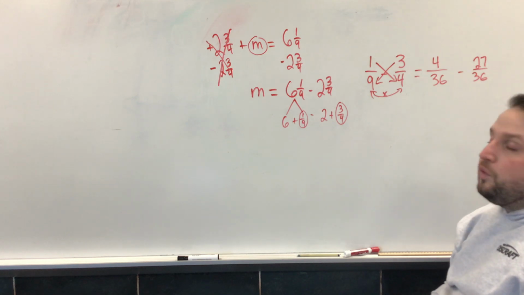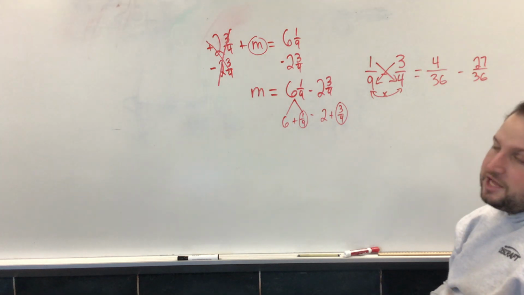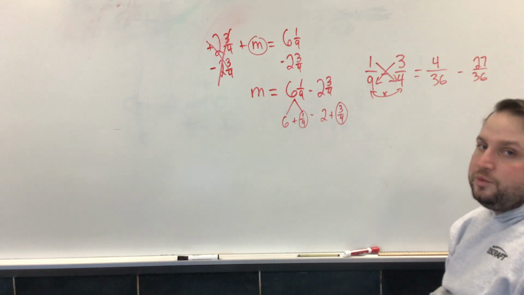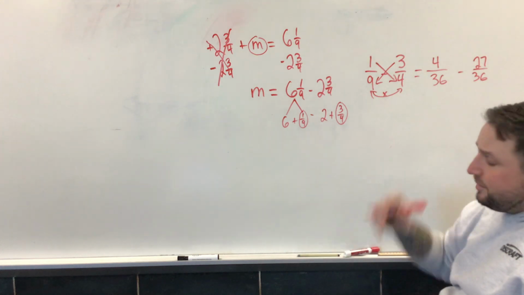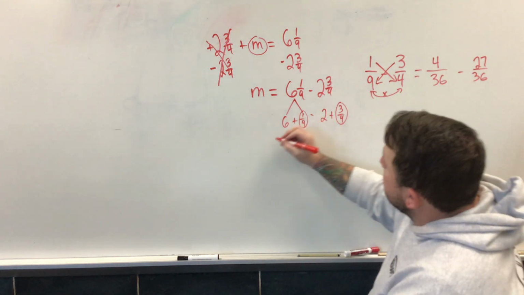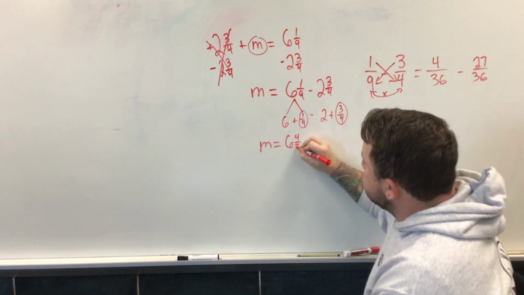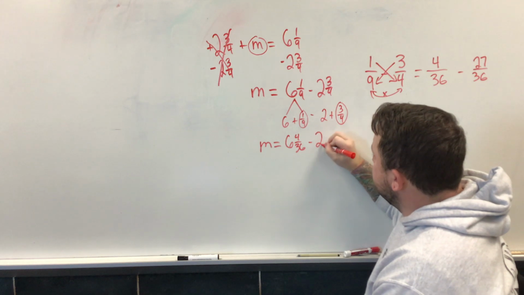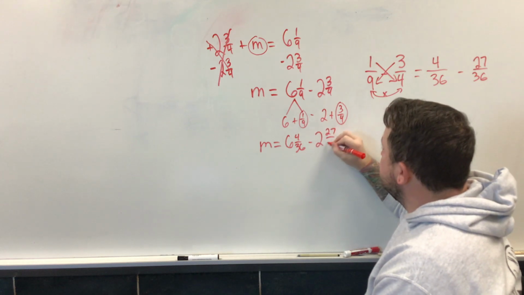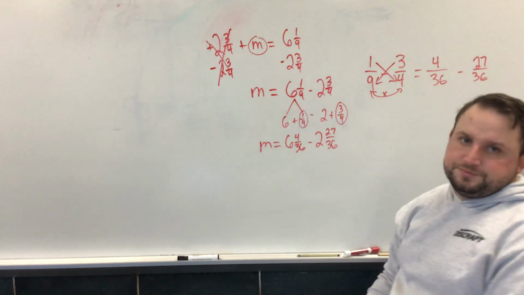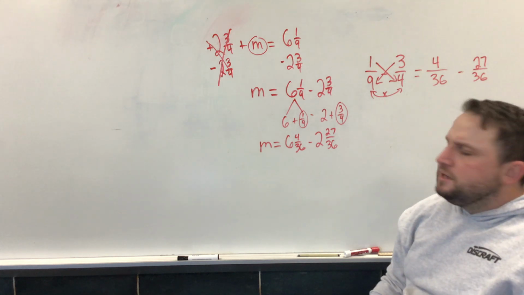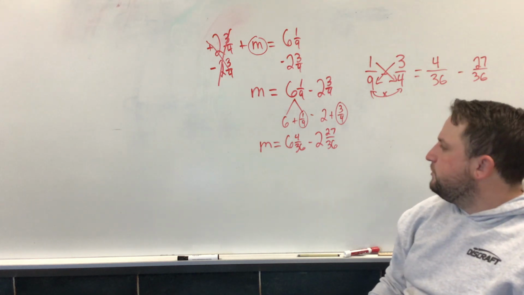We can't take 4/36 and subtract 27/36 from it. So what do we have to do? I'm going to rewrite this problem now as m equals 6 and 4/36 minus 2 and 27/36. Okay? Some of you are already knowing what you have to do here.